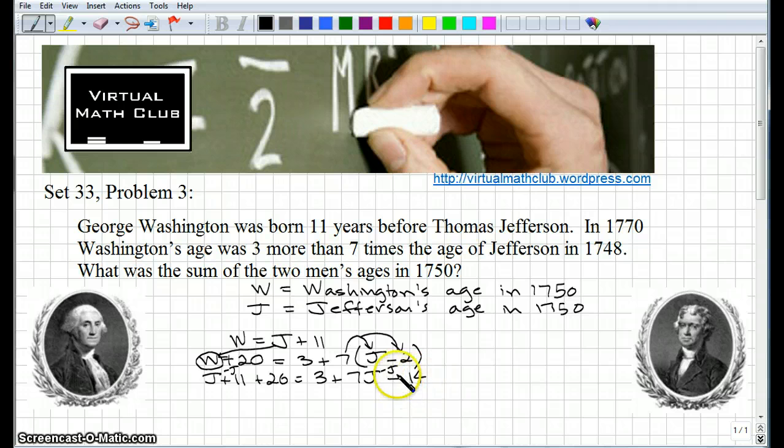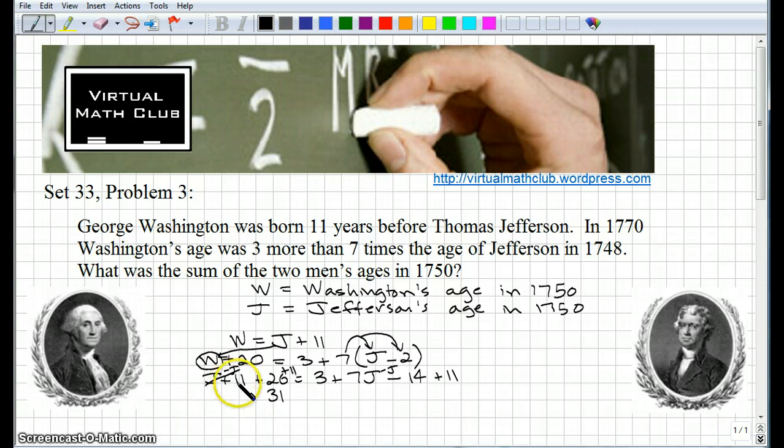So we have negative 14 and we have a positive 3. If I add 11 to this, I'll get 0 on this side. I want to do the same thing to both sides, so I want to add 11 over to this side as well. J minus J is 0, and then we have 20 plus 11, which is 31.